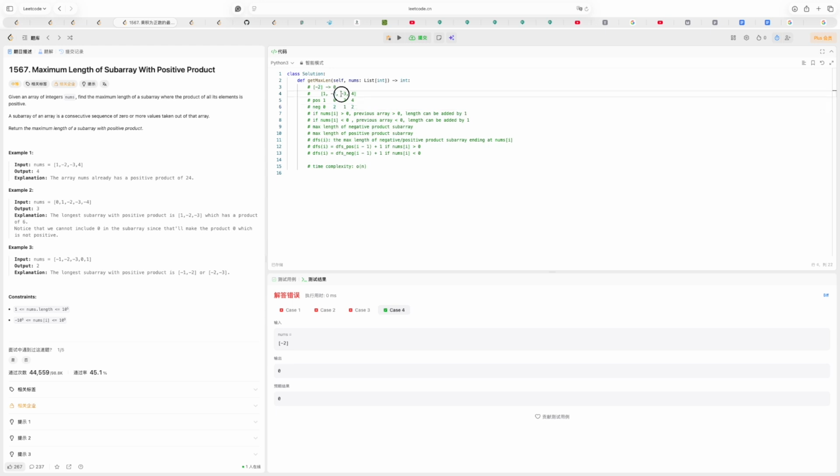And for like when we are at 3, the positive value is 0. Yeah, but we cannot add it by this. Yeah, there's no way.